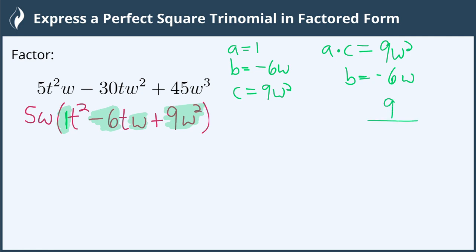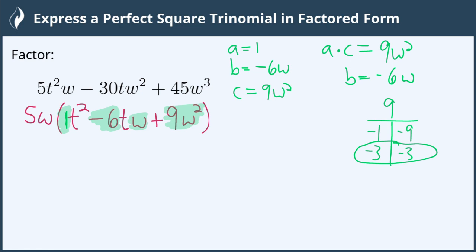What two numbers multiply to 9 and add to negative 6? Well, if two numbers multiply to a positive but add to a negative, then we know that they are both negative numbers. So we could do negative 1 times negative 9 or negative 3 times negative 3. Those are the only pairs that we have. And we see negative 3 and negative 3 are the ones that add up to negative 6.